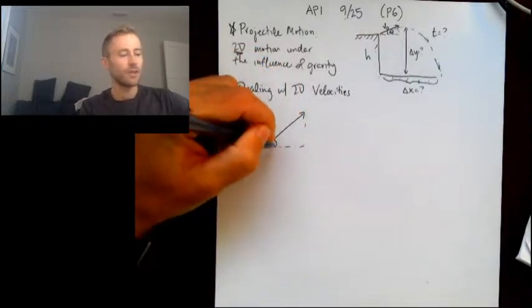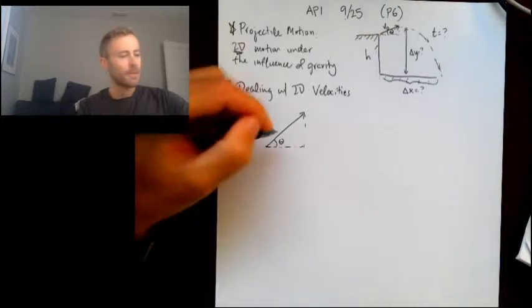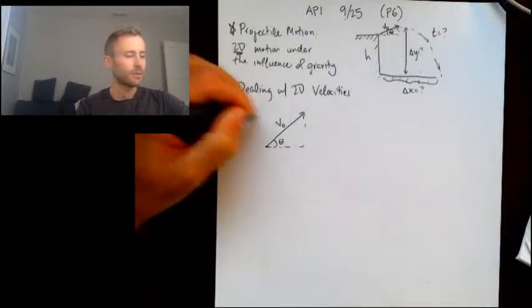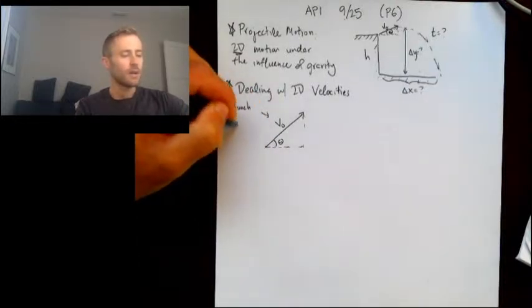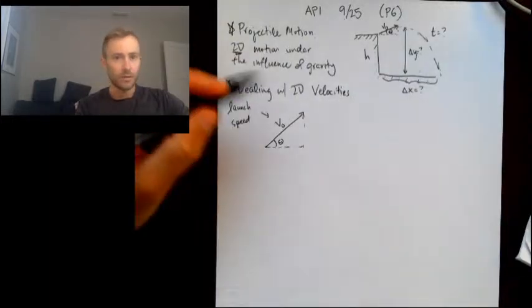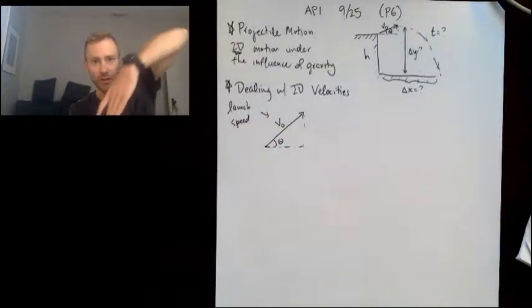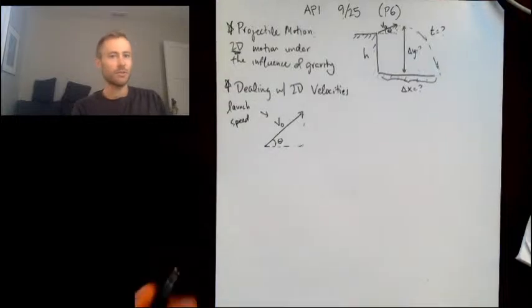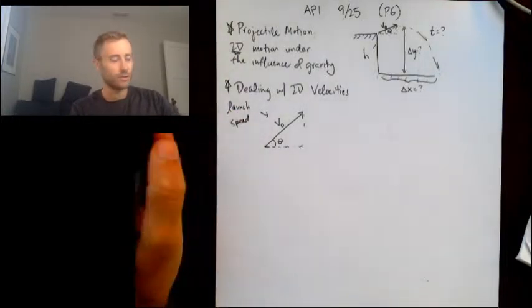It has a certain launch angle, which I'll call theta, and a certain launch speed, which I will call v naught. So this is the launch speed. Now remember, this is only the speed at launch. The angle is going to change as the projectile flies, and the speed is going to change as well. So this is only at the beginning of the problem, just after launch.